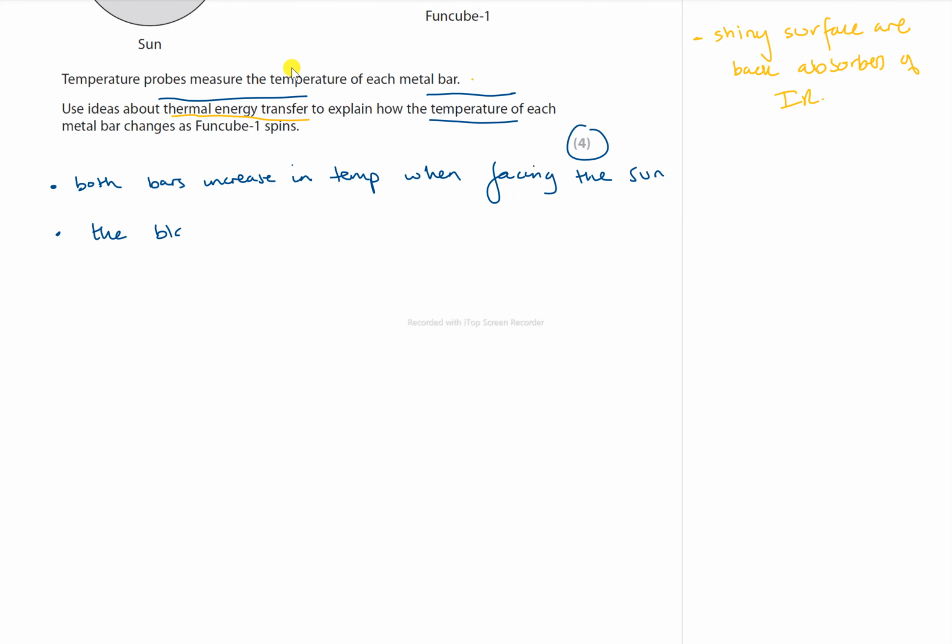The black bar increases in temperature quicker when facing the sun and reaches a higher temperature.